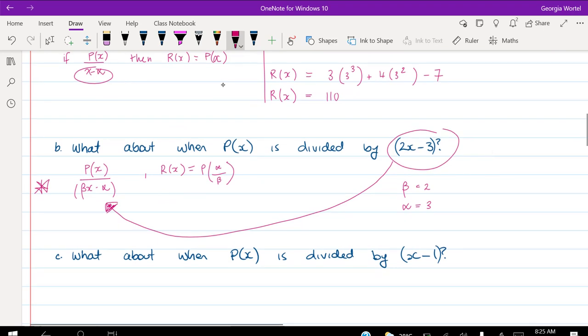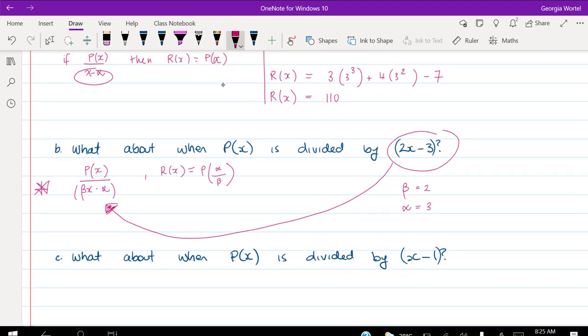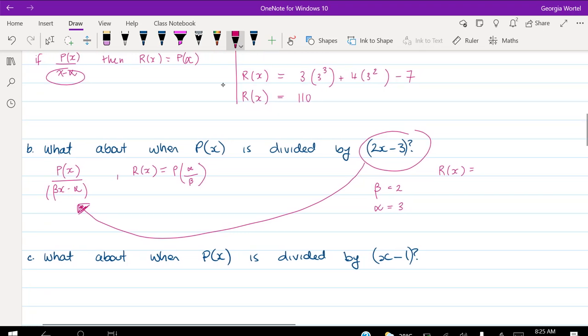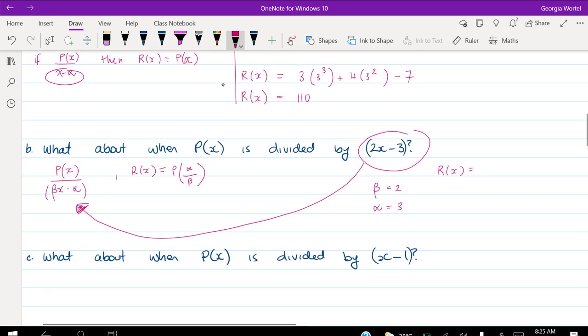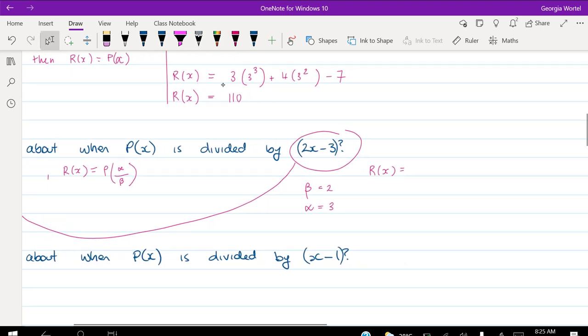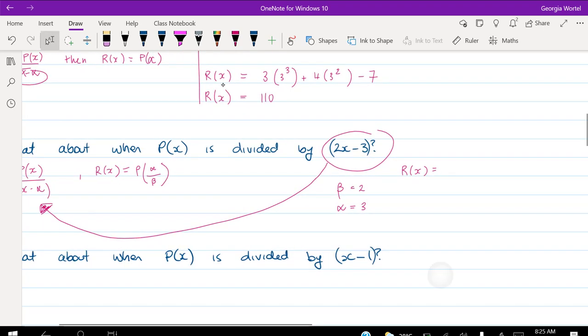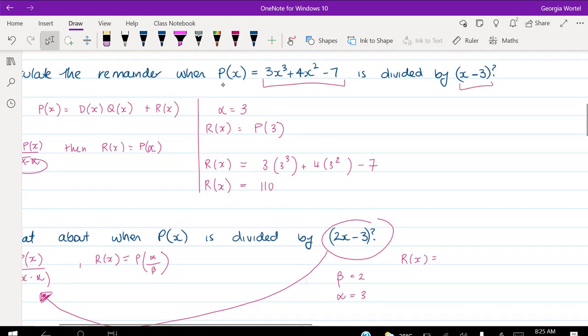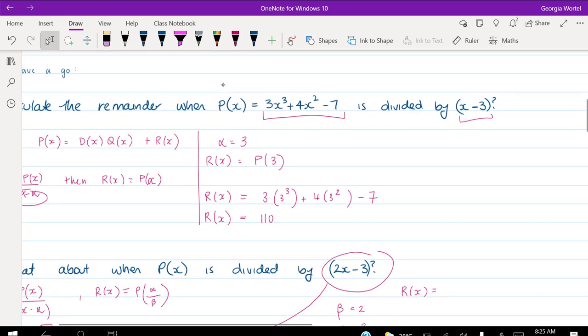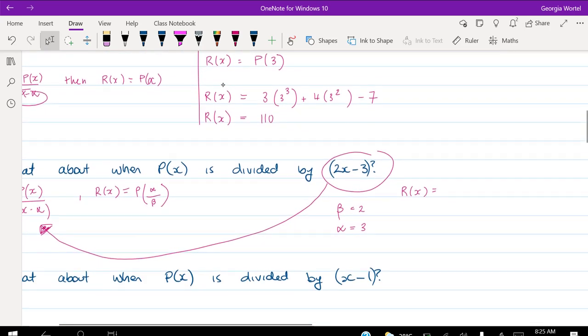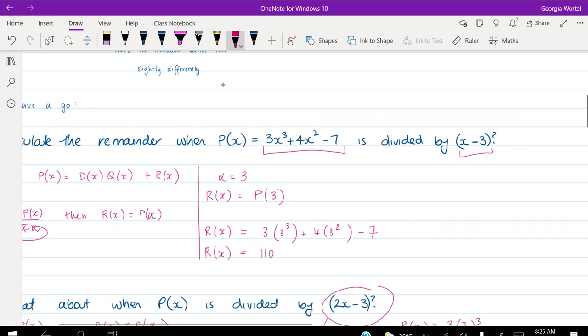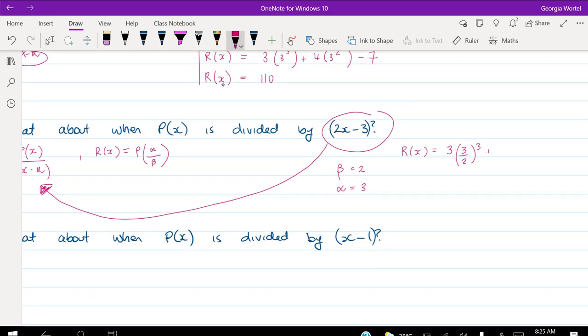So then my remainder must be equal to my polynomial when I sub in my alpha over beta, so 3 over 2. Subbing 3 over 2 into that polynomial, you would have 3 times 3 over 2 cubed, plus 4 times 3 over 2 squared, minus 7.